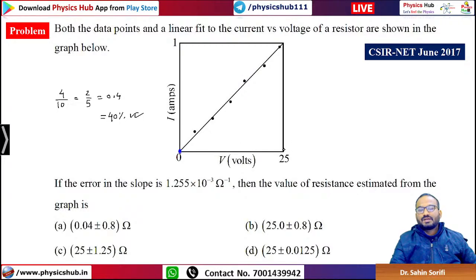At V equals 25, I equals 1. At 25 volt, I equals 1 ampere. And at V equals 0 volt, I equals 0 ampere. You do not know other values. We can calculate the slope from this. Do it quickly.